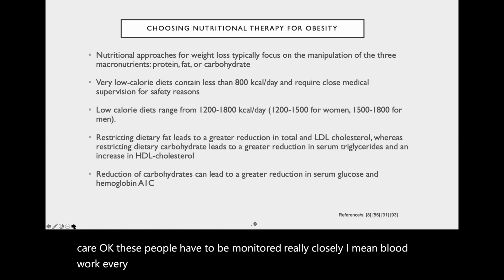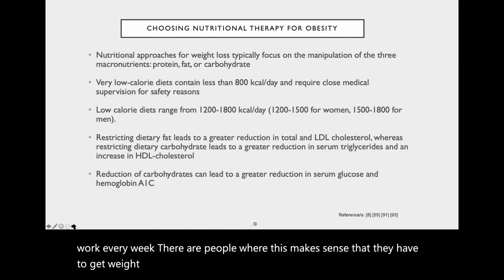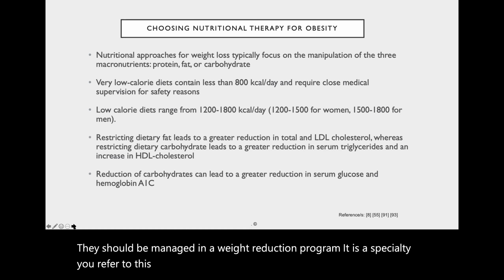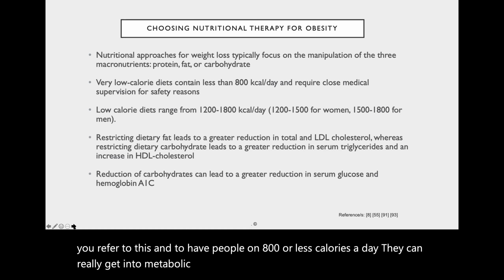There are people where this makes sense, that they have to get weight reduction this fast, but they should be managed in a weight reduction program. It is a specialty, you refer to this. And to have people on 800 or fewer calories a day, they can really get into metabolic messes very, very quickly. So you have to be very careful.